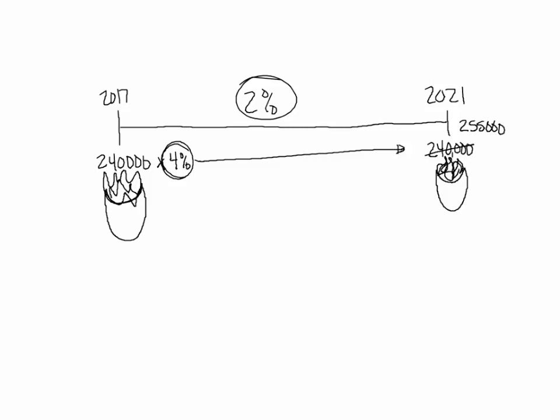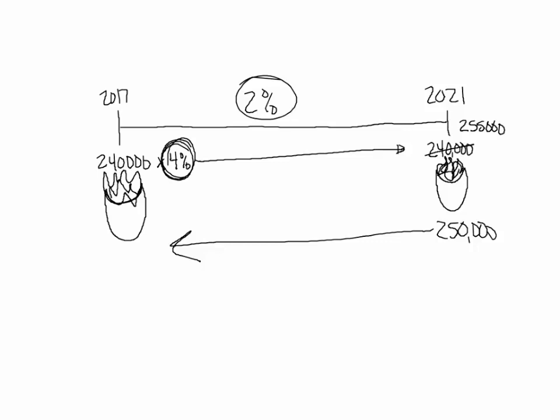Exactly. So now imagine that your bond is making 4%, and in 5 years' time, you're going to have $250,000. It's making 2% more than the market. So when I present value this, it's not going to be $250,000. It's going to be more than $250,000 because I'm earning 4%.